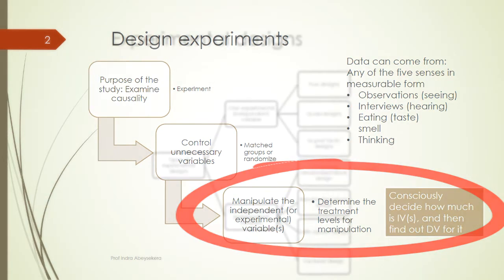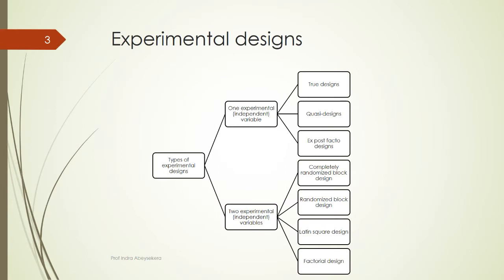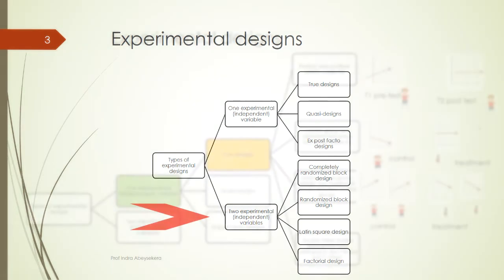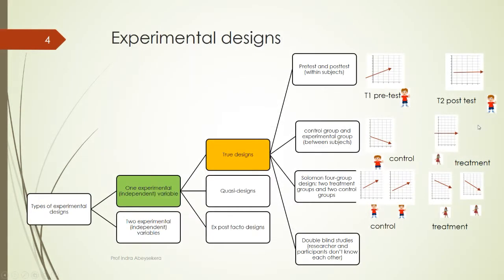So when conducting experiments, we can look at 1 independent variable or 2 independent variables as experimental variables. When we look at 1 experimental or treatment variable, there are different types of designs, 3 main types of design.